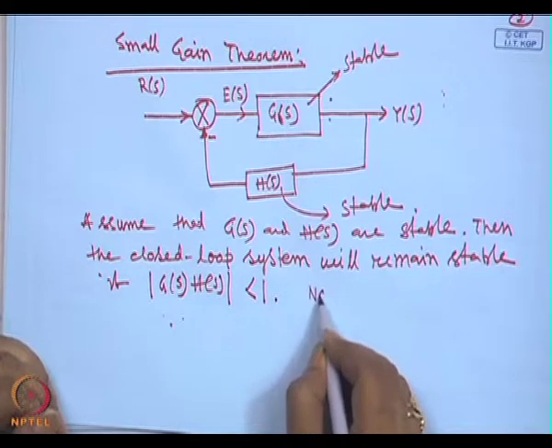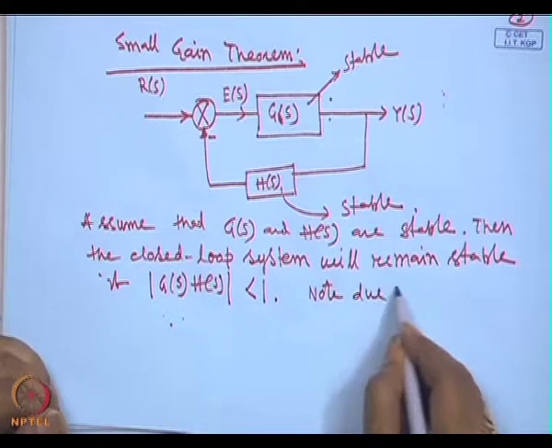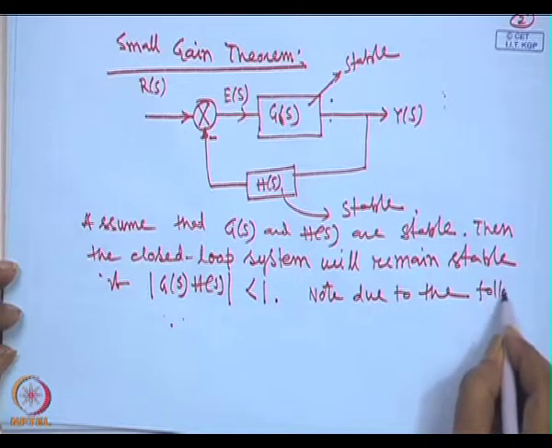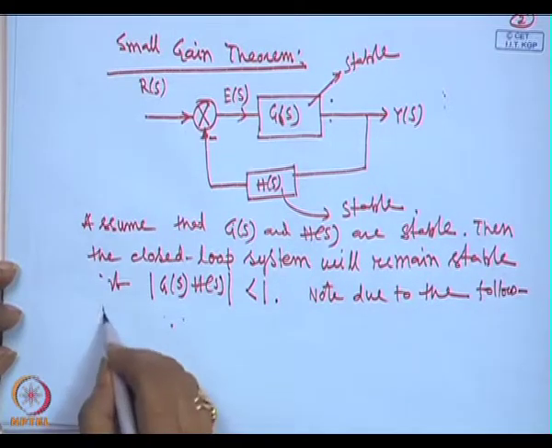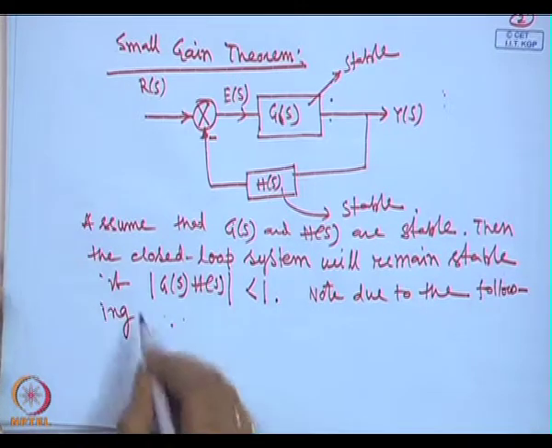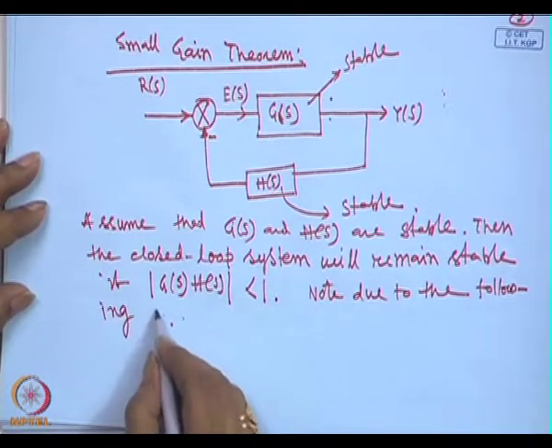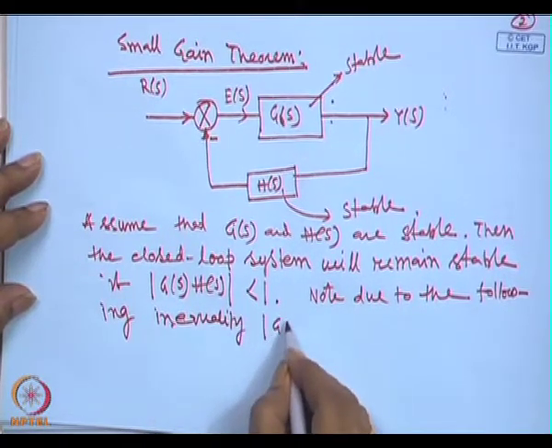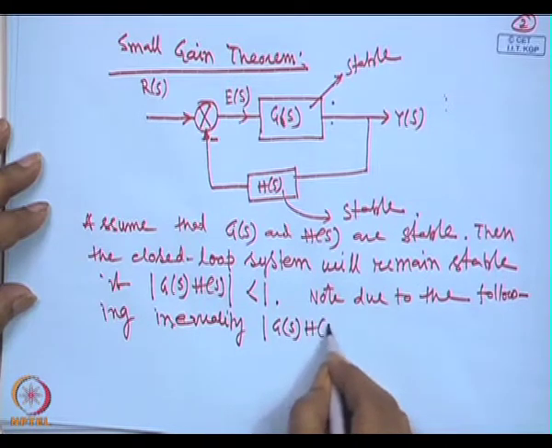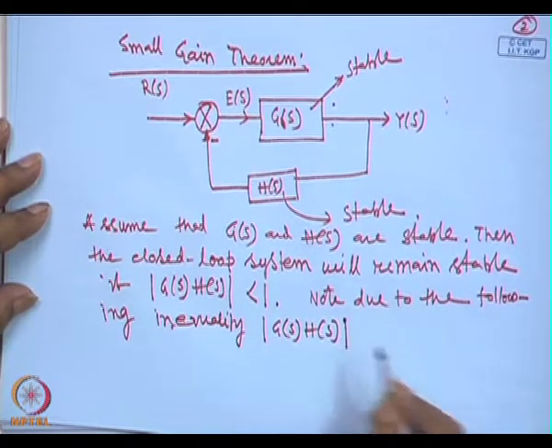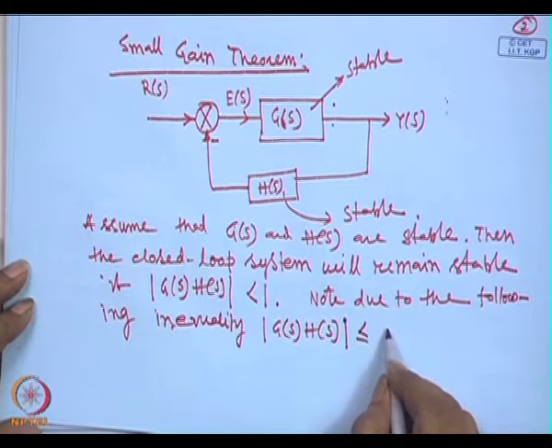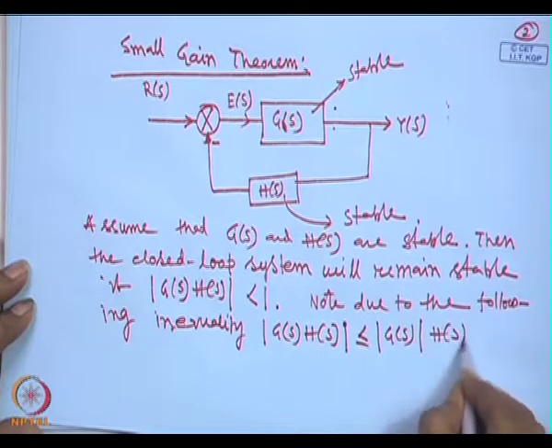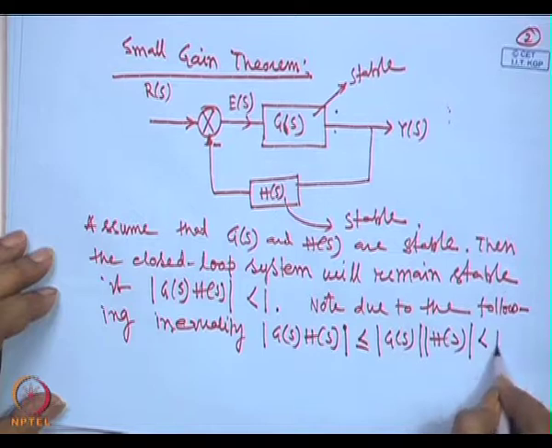Note, due to the following inequality, |G(s)H(s)| is less than or equal to |G(s)| times |H(s)|, which is less than 1.